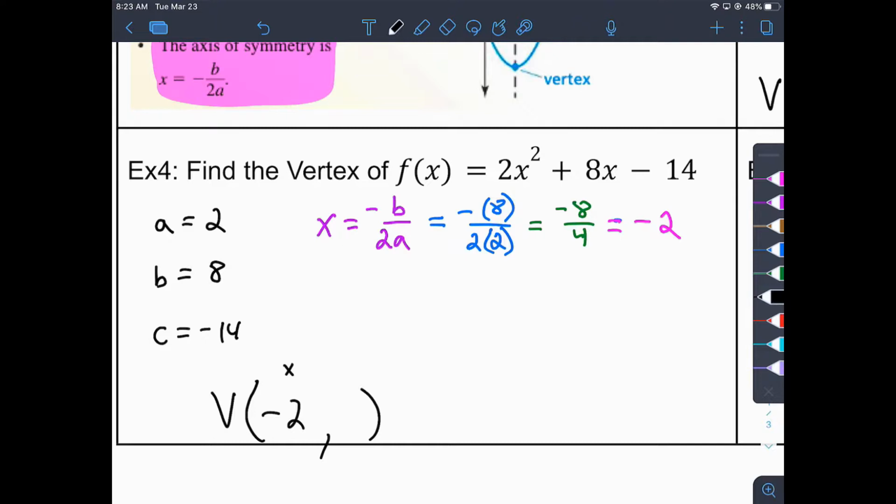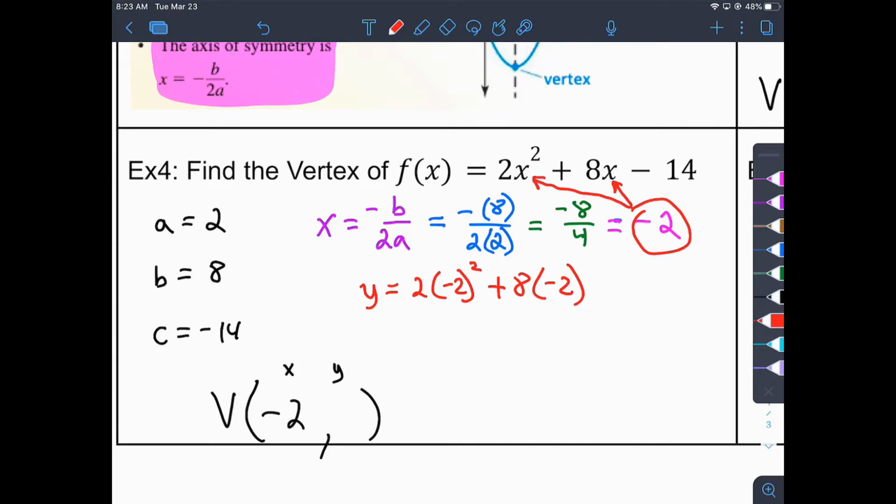But what is the y coordinate? Well, to find the y coordinate, take what we have and plug it in. And we have 2 spots to put it. So here we go. Y is equal to 2 times negative 2 squared plus 8 times negative 2, then minus 14.